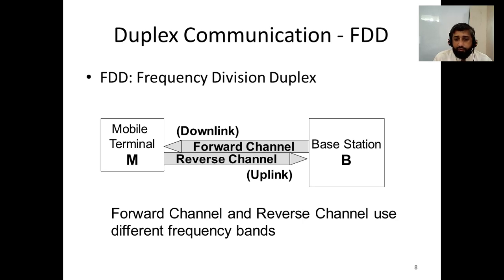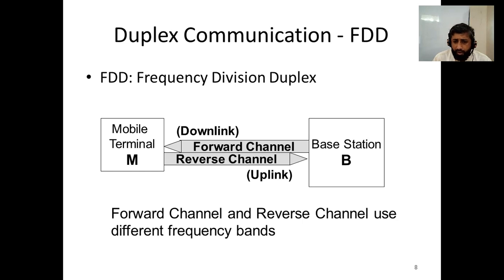If you have two stations, say a mobile terminal M and a base station B, we have to allocate two different frequencies. The first frequency channel will be used for transmission from the base station to the mobile station, and the second frequency channel will be used for transmission from the mobile terminal to the base station.